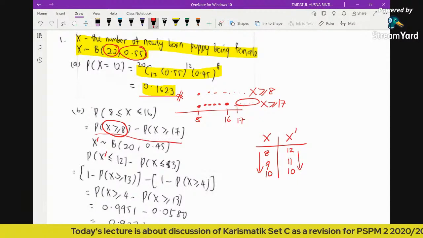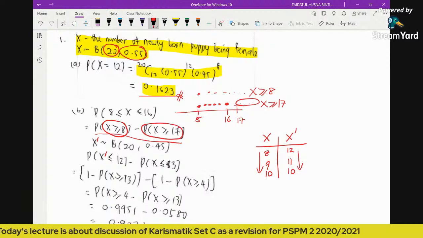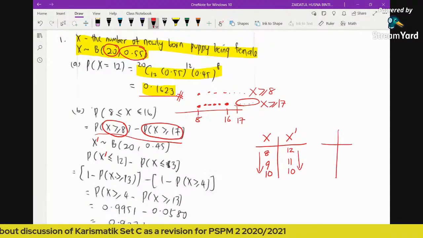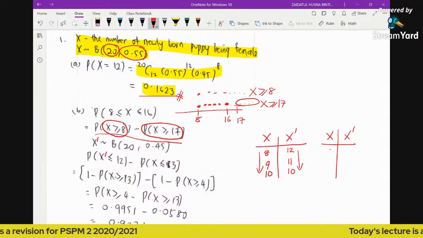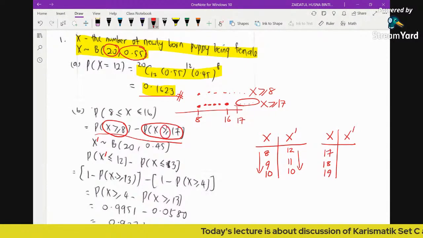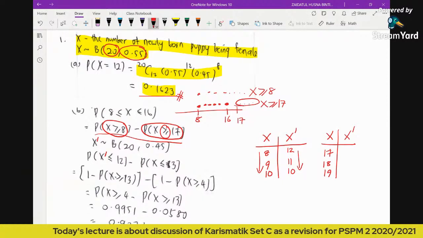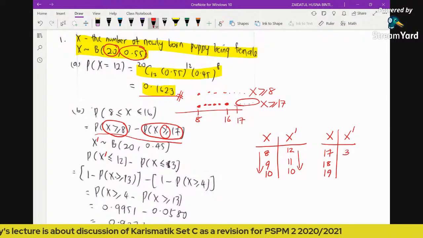Okay, then what about this? Greater than or equal to 17. You may just draw another table, x and x prime. You can see that x gets larger: 17, 18, and 19. Then we just get the complement. If there are 17 females, for sure there are 3 males, here 2 and 1.